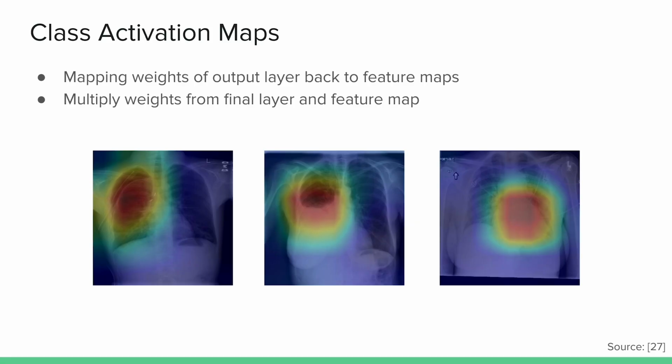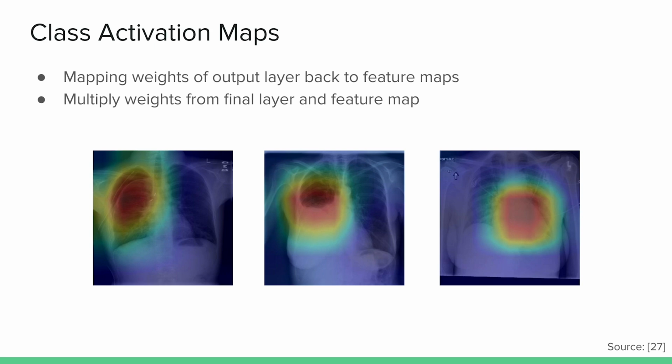Another very powerful method of exploring your data and exploring your network is by so-called class activation maps. The idea is that we map the weights of our output layer back to our feature maps. So we have an image and we feed it through our network, and that results in certain features being computed before the final stage that performs an operation.